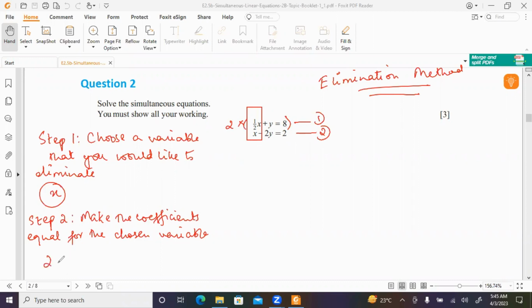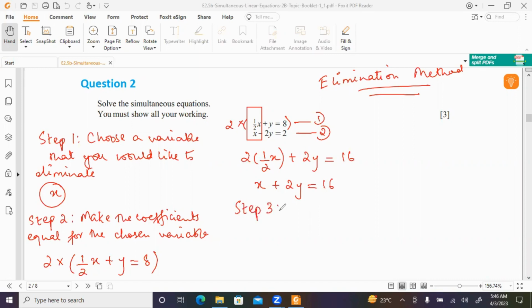So we'll do 2 times 1/2x plus y equals 8, which would give us 2 times 1/2x plus 2y equals 16, which is x plus 2y equals 16. So this is the second step.